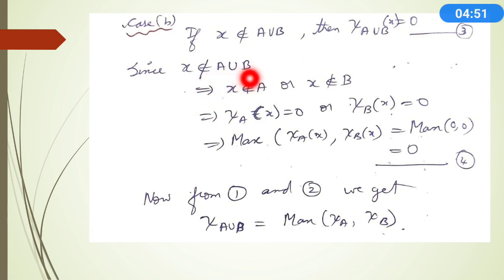Since x doesn't belong to A union B, you replace union by OR, x does not belong to A or x does not belong to B. So psi A of x is equal to 0 or psi B of x will be 0. Now taking the right hand side, the maximum of psi A of x comma psi B of x will be the maximum of 0 comma 0, and the value will be 0. Now from the third and fourth equations we got the result for union.